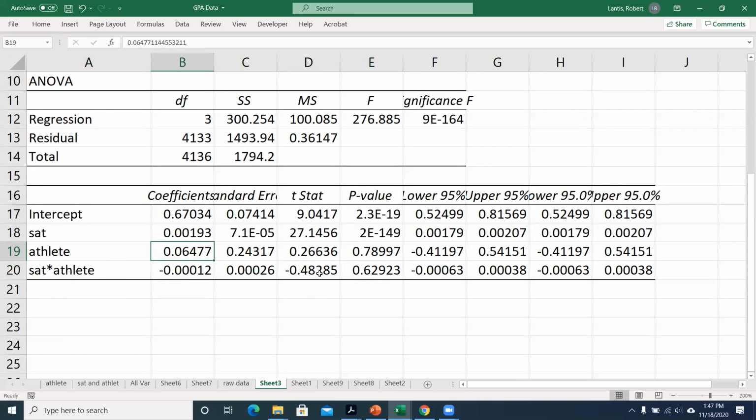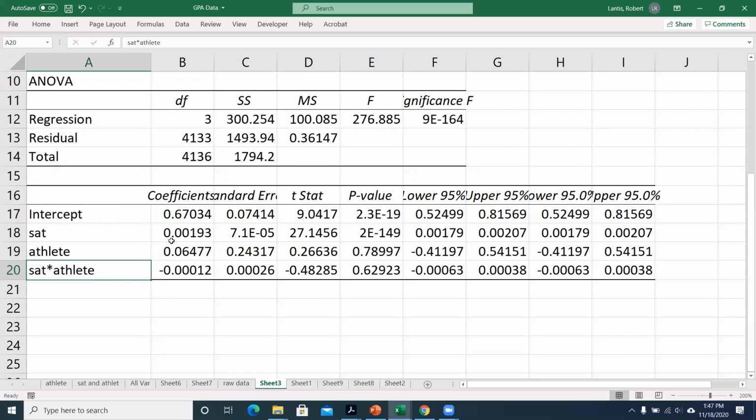On the athlete variable, this would predict that if the person was an athlete, their predicted GPA would be about 0.06 points higher. So this is our shift in that predicted line. However, the relationship between the SAT score and GPA for athletes actually makes that SAT score less predictive of what their GPA will be.